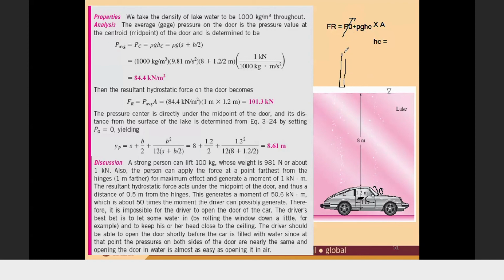Let's say this is the door, this is the inside, and this is the water.